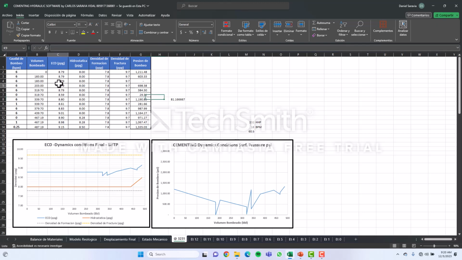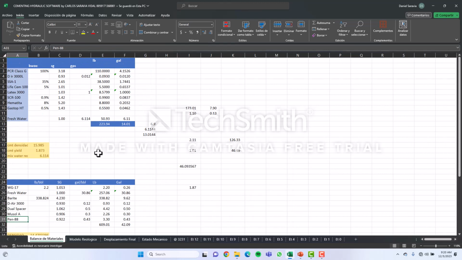So that's why in this spreadsheet we can calculate the pumping rate, the volume of cement, and also the time that we are going to need to perform these operations. Remember the basic concepts of all the fluids.